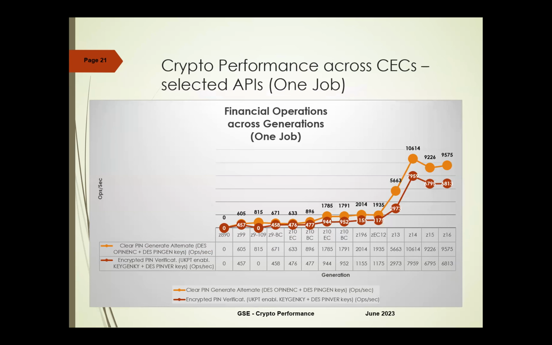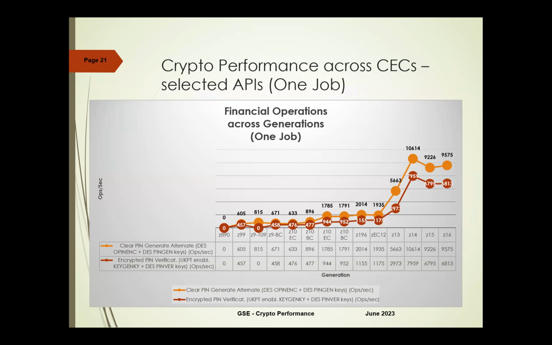On slide 21, a similar chart for just 2 of the many ATM PIN operations that are available. Performance has gotten better generation to generation. If you are still running an old non-supported machine, you can get some pretty significant performance benefit by upgrading those machines to current technology.